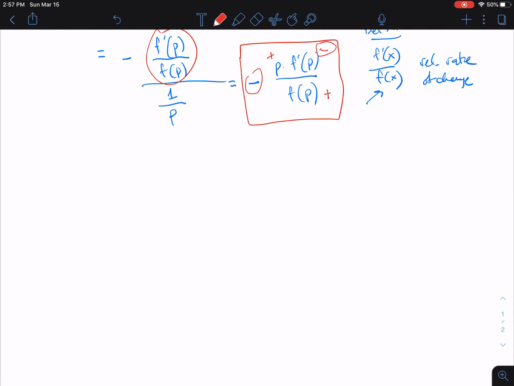So we have E of P, we have the demand, and then we have the revenue.